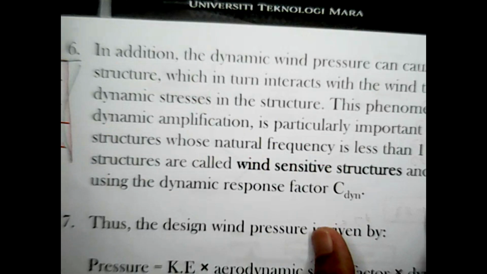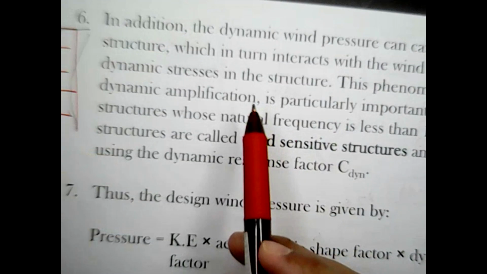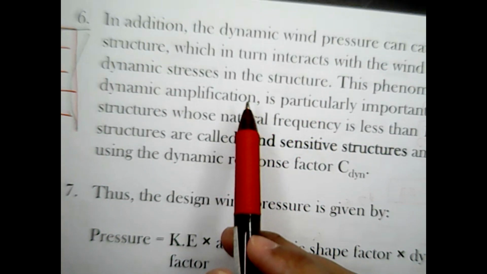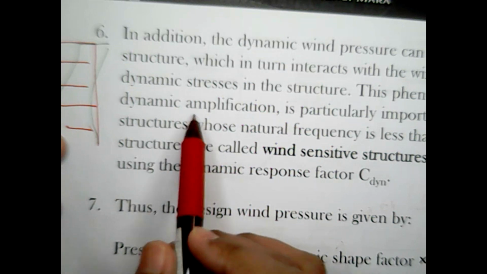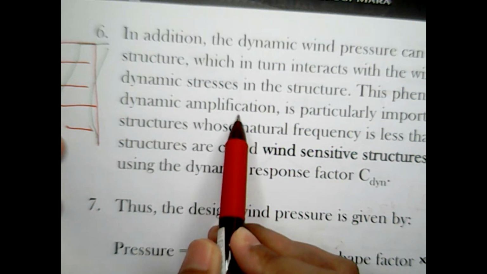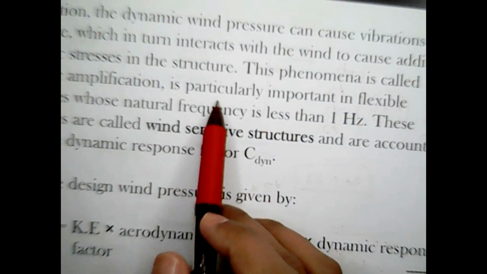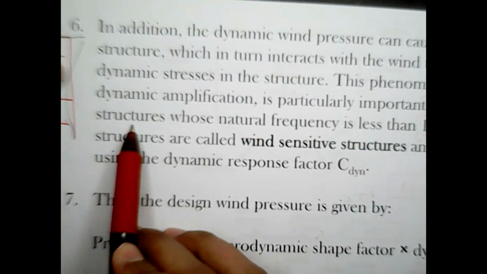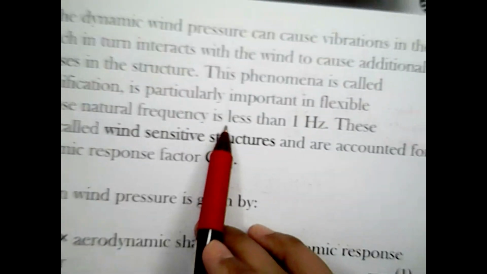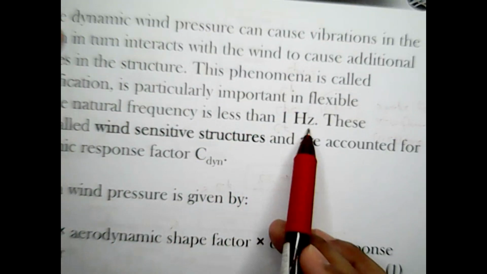Because of that, you also need to calculate the dynamic stress, or what we call the dynamic amplification. Dynamic amplification is particularly important in flexible structures whose natural frequency is less than 1 hertz.